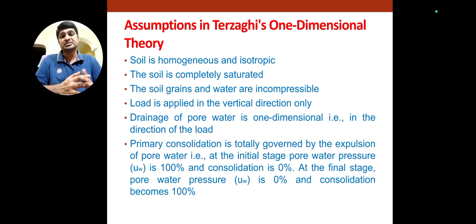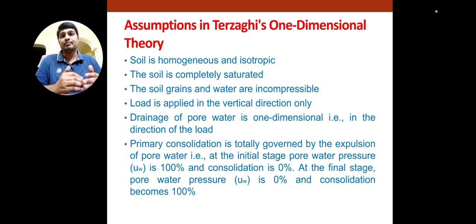What does it mean? Homogeneous means the soil is the same kind of material, or Terzaghi is assuming the soil mass is the same kind of material. And isotropic means that in all directions the forces acting in the soil are the same.